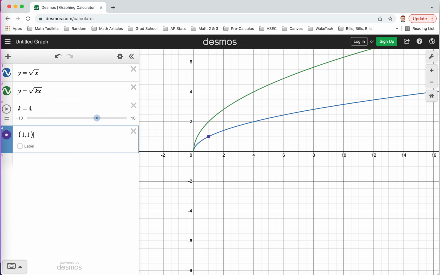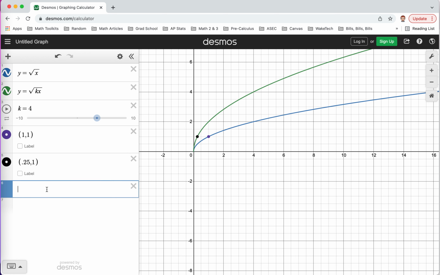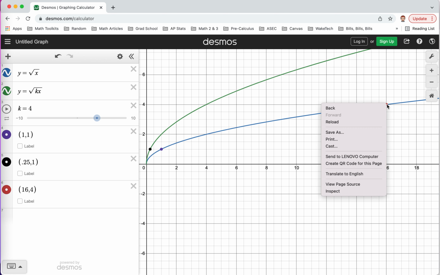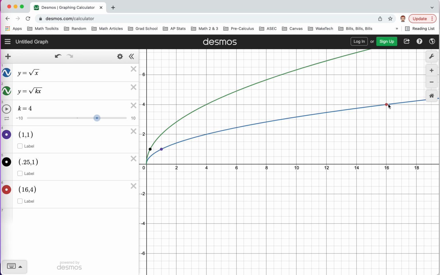So we had a point at (1, 1). Horizontally, it's now at (1/4, 1). You can see that horizontal shrink. A little bit more obvious is the (16, 4) point. On the original function, we know it is at (16, 4). If I horizontally shrink that by 1/4, since it's 1 over k, we're at (4, 4).